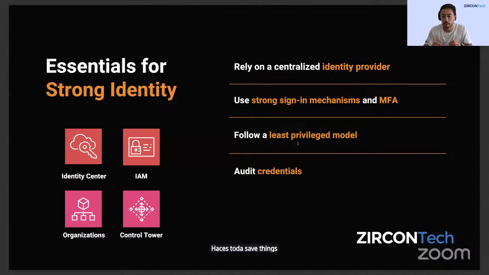So we should provide visibility and access to only those things that those users are working on. And the last item about auditing credentials refers to the ability of controlling those credentials over time. So once people leave, for example, an organization, we should revoke that access to have a healthy control of our account.